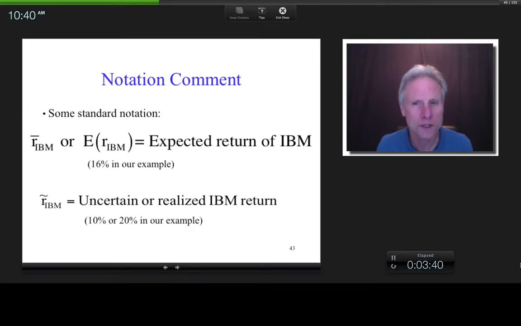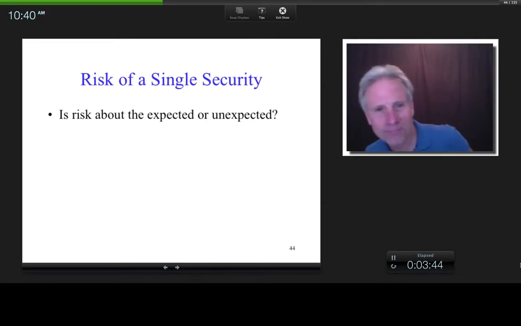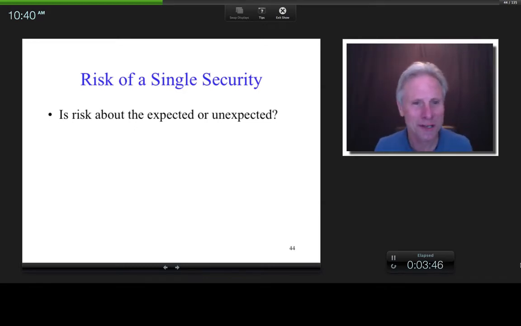Well, let's move on to risk. So we've done expected return for a single security. Let's look at the risk. Now, when you think of risk, do you think about the expected or the unexpected? Well, I'm guessing you think about the unexpected. So, for example, realistically speaking, is there any risk that the sun will not rise tomorrow?